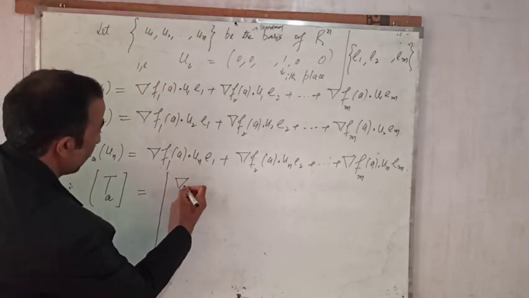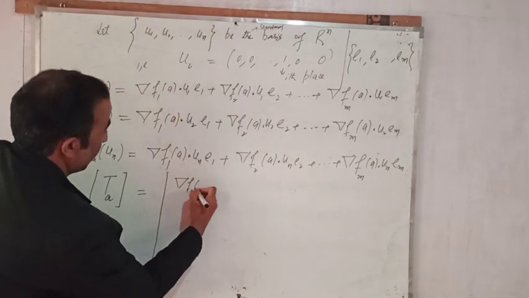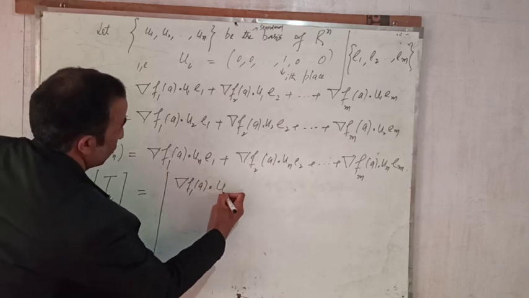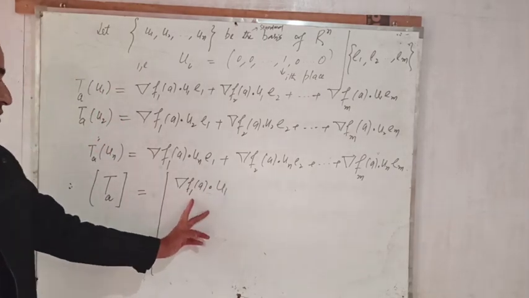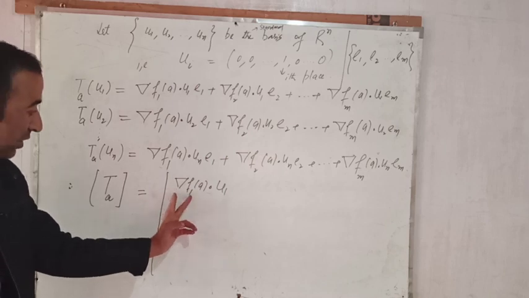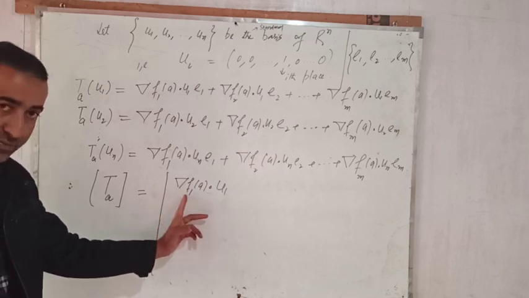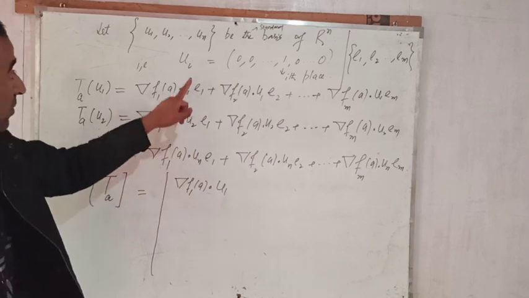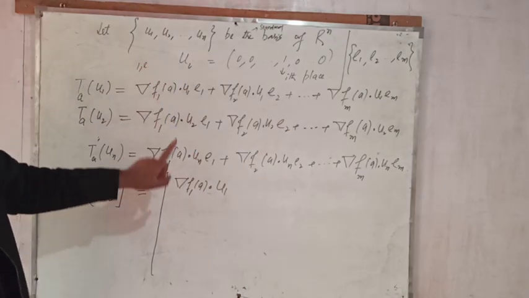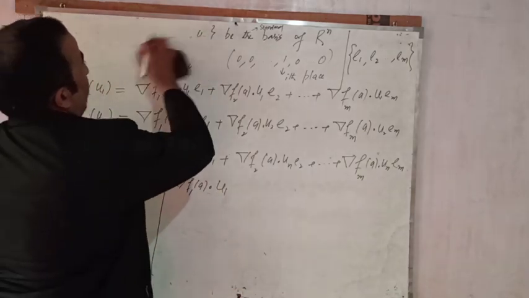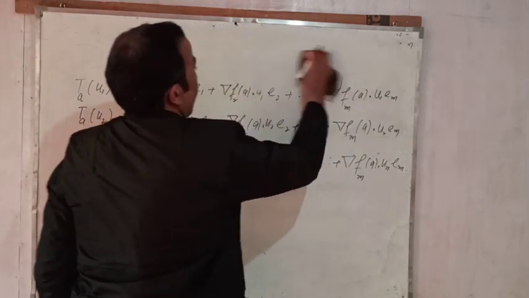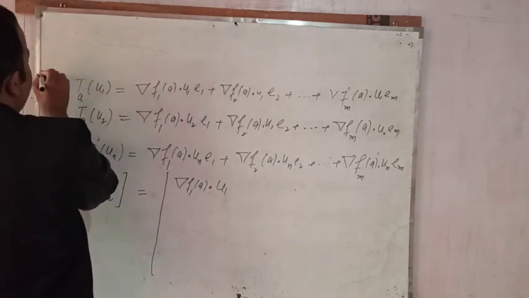We have delta of F1A dot U1. Of course, this is a scalar quantity here. As I told you, when we evaluate this delta F1, it's actually the first component of F. F is a vector field.